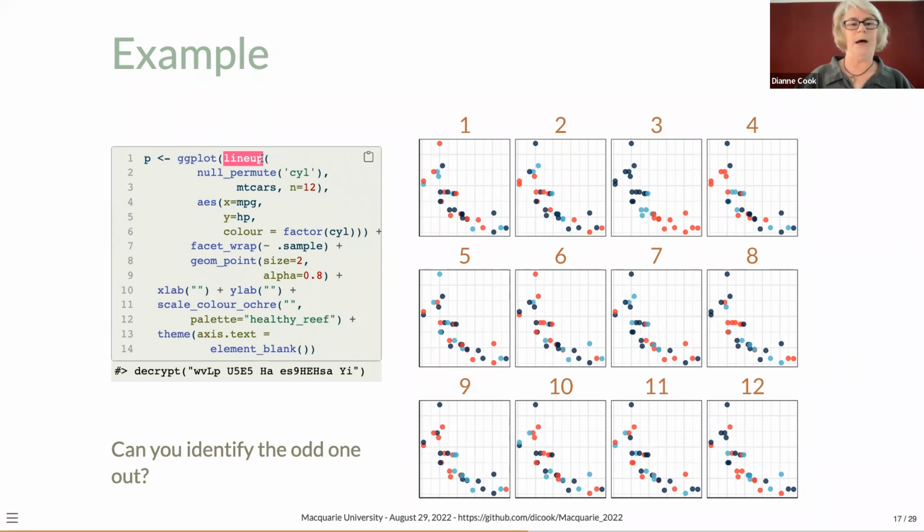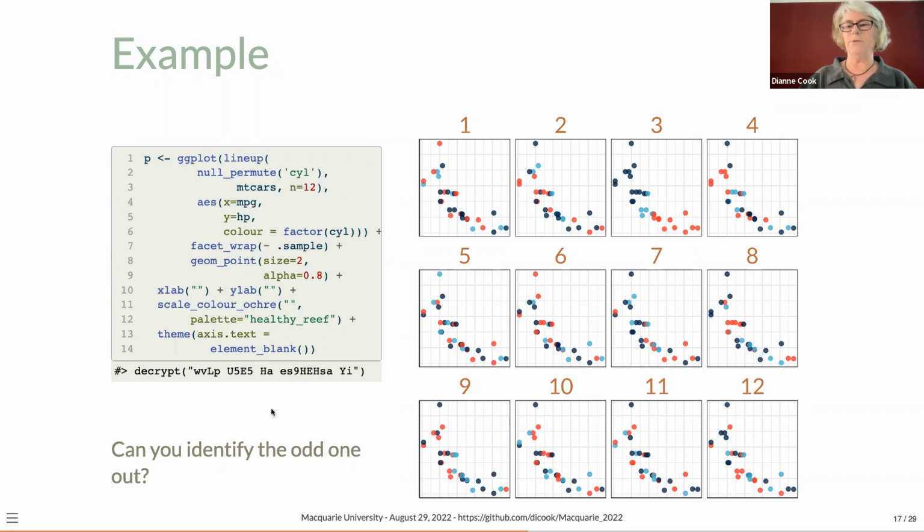The lineup is going to generate 12 plots. In the plot specification, miles per gallon is mapped to X, horsepower is mapped to Y, and the variable that we're scrambling, cylinders, is mapped to color. We're faceting by the sample ID because we've generated 11 null data sets and we've got our data as well. The rest of it is all just nice styling.